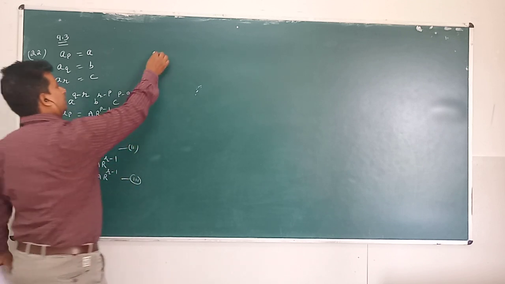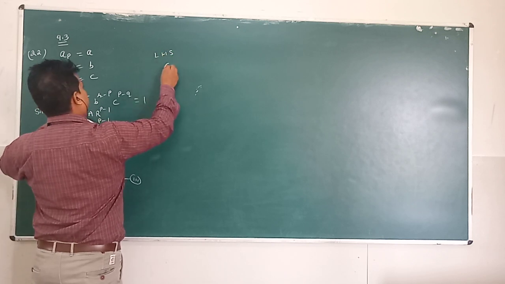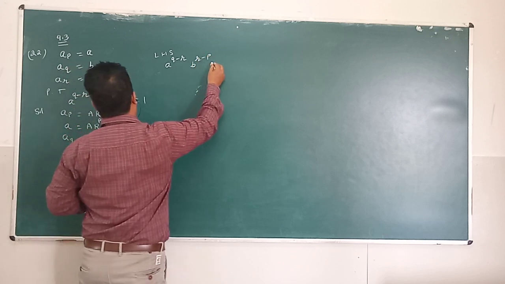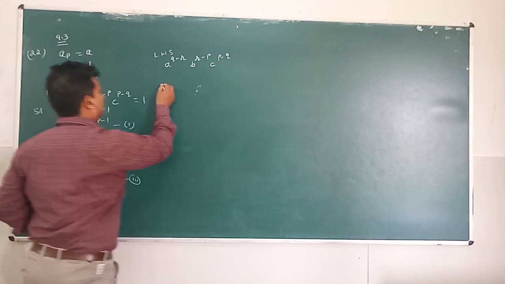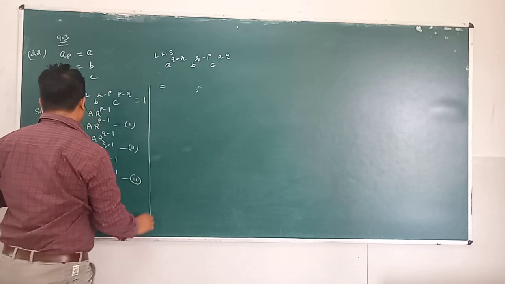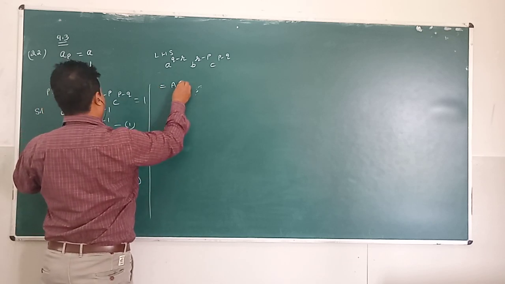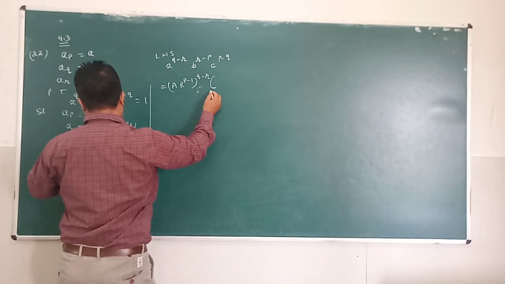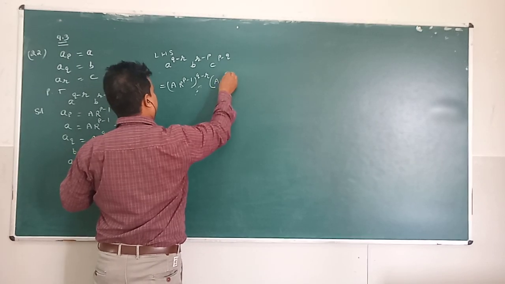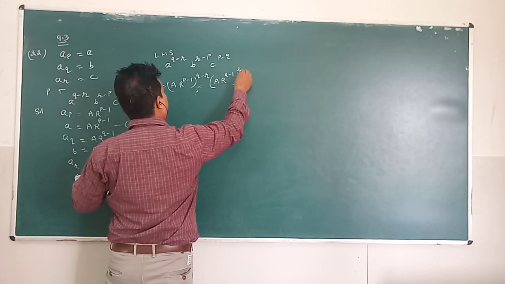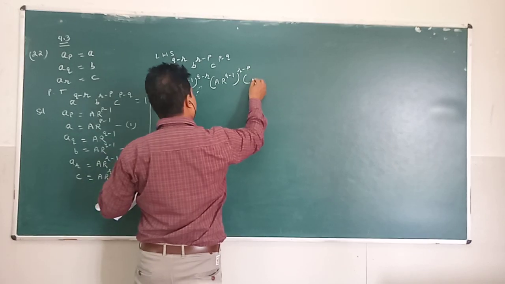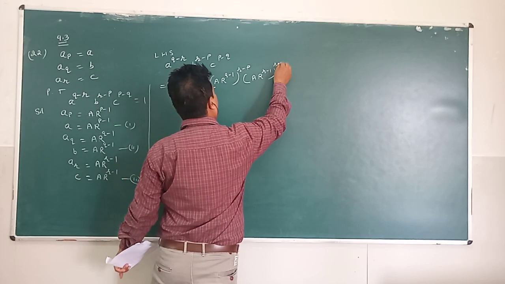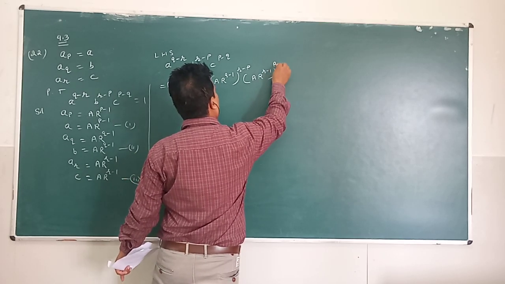So we take the left hand side, that is a^(q−r) · b^(r−p) · c^(p−q). Here we first put the value of a, which is (AR^(p−1))^(q−r). b is (AR^(q−1))^(r−p), and c is (AR^(r−1))^(p−q).